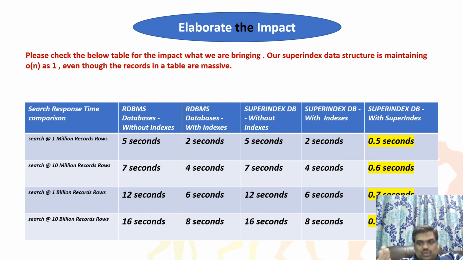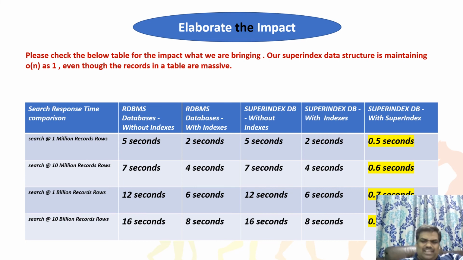SuperIndex DB also has the without-SuperIndex concept, but it maintains a similar industry response behavior. But if you go to RDBMS databases with indexes, it reduces from 5 seconds to 2 seconds, 7 seconds to 4 seconds, 12 seconds to 6 seconds, and 16 seconds to 8 seconds. Similarly, SuperIndex DB with indexes maintains a similar response time.